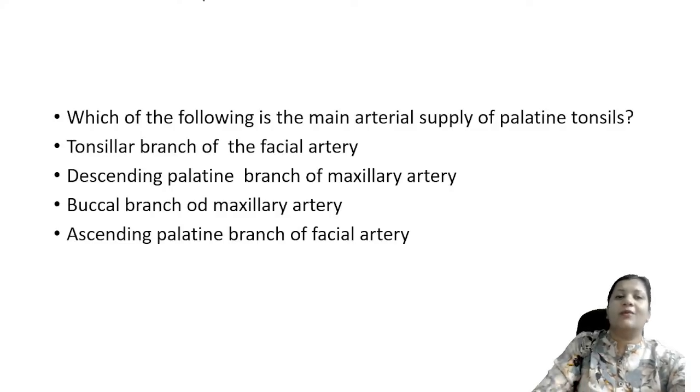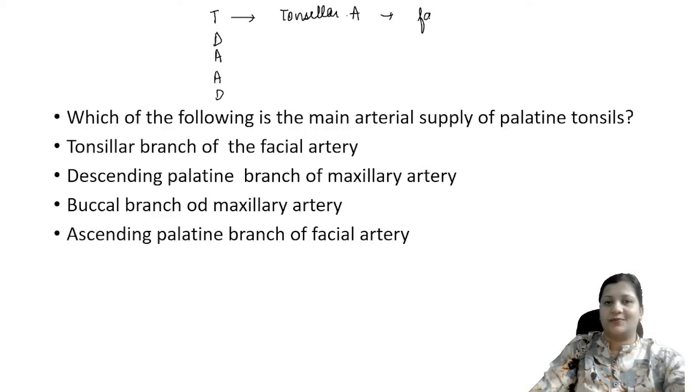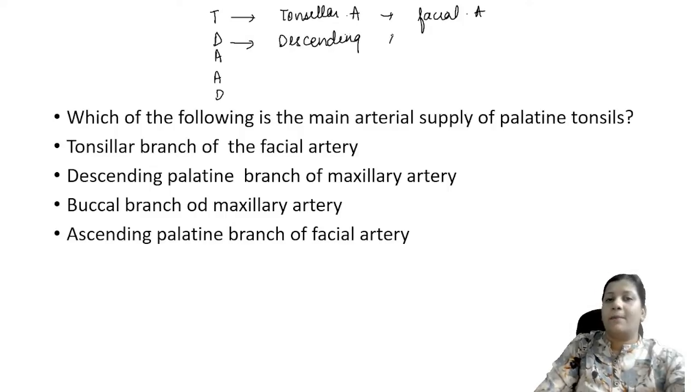There is a quick mnemonic to remember the blood supply of the tonsil, which you can remember with TDAD. T stands for tonsillar artery, which is a branch of your facial artery. And then you have another D. D is standing for descending palatine.